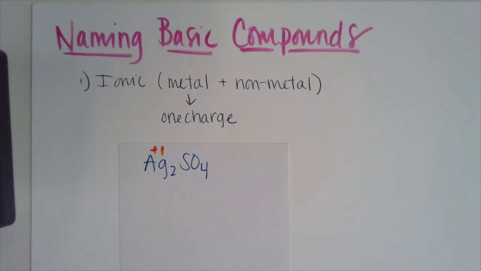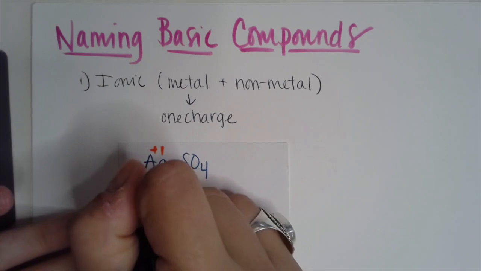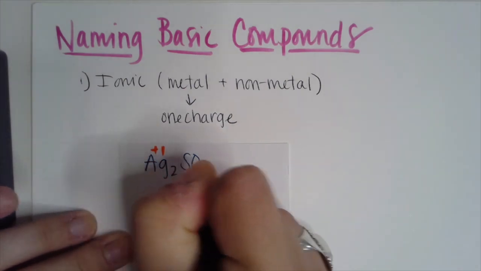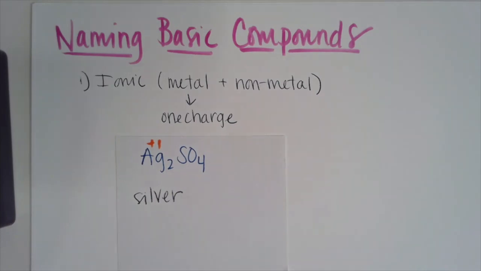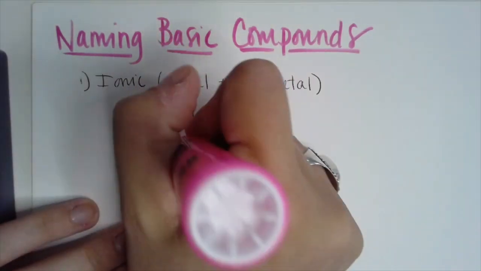In AP chemistry, that's something I would definitely remember, that silver only has one charge of +1. So when we're naming this, we don't have to say any numbers to go along with this because silver is always 1. So I just say the name of the metal, which is silver. And here I have a polyatomic ion, and my polyatomic ion is this guy right here.